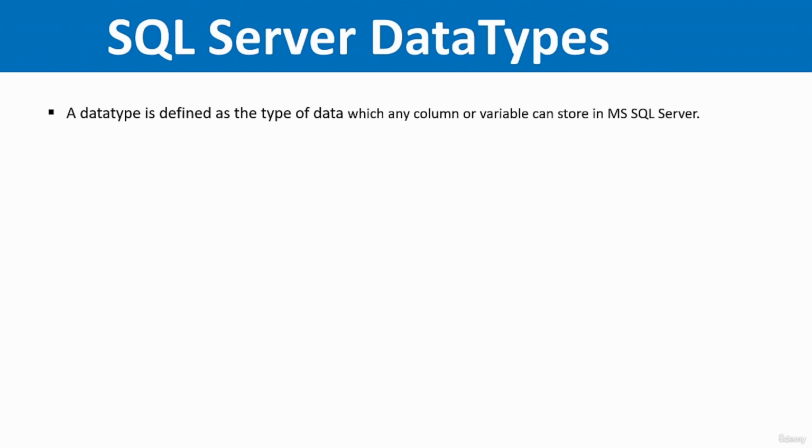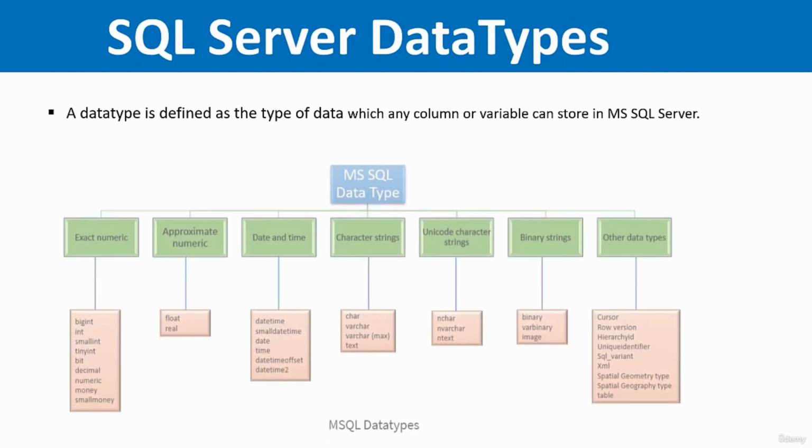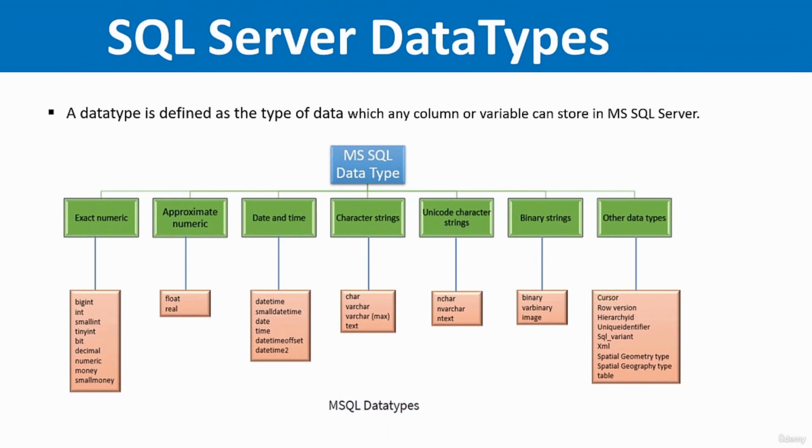There are different data types within SQL Server. This is an illustration showing the different data types available in Microsoft SQL Server. You can do a Google search to know more about these individual data types.